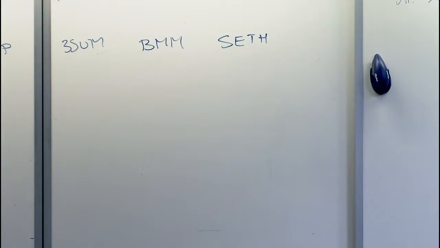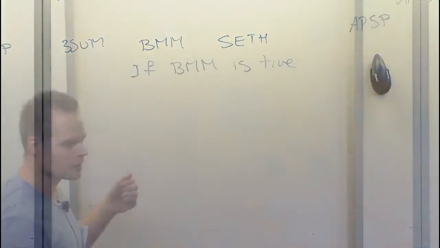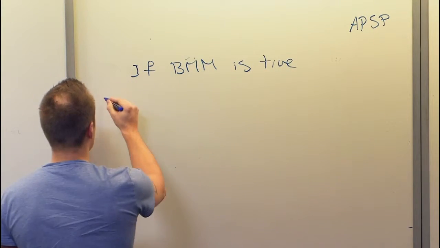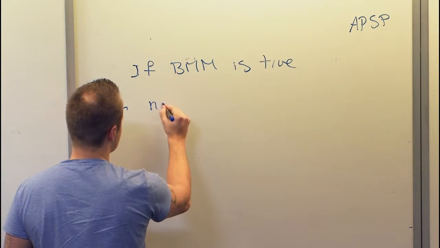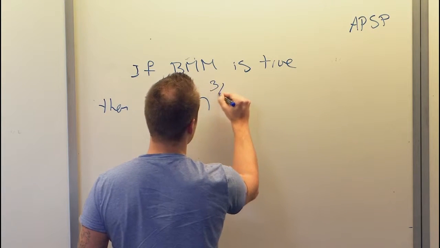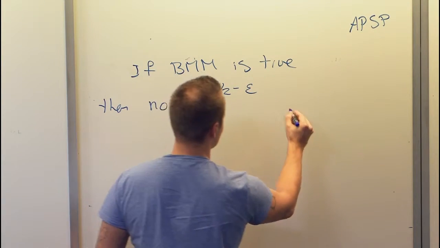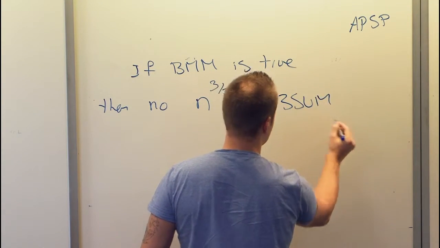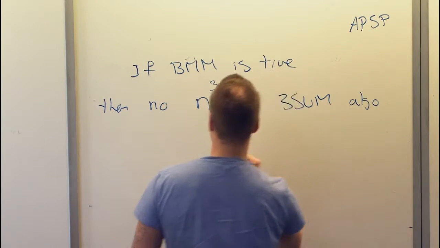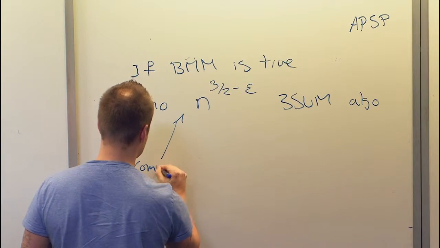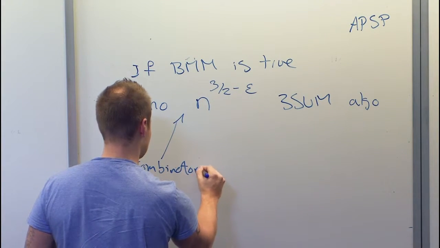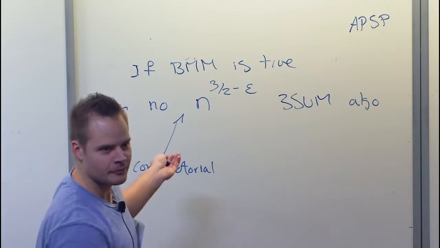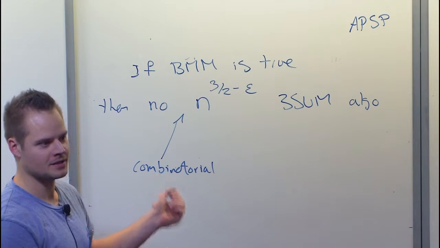If BMM is true, so combinatorial Boolean matrix multiplication requires n^(3-o(1)) time, then there's no n^(3/2-epsilon) 3SUM algorithm. And I want to say combinatorial. So at least there's some progress towards unifying some of these conjectures.